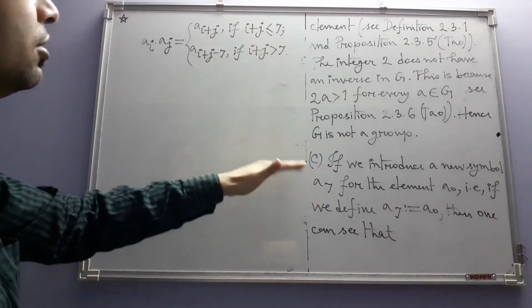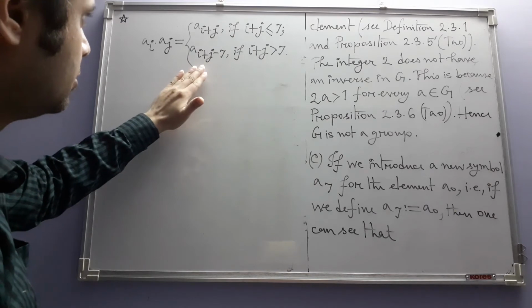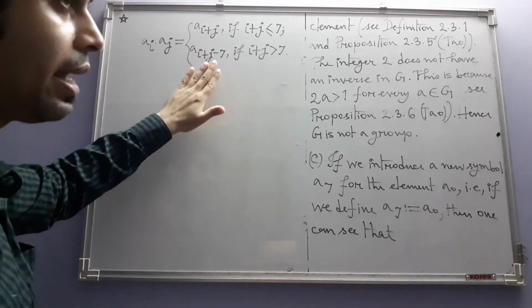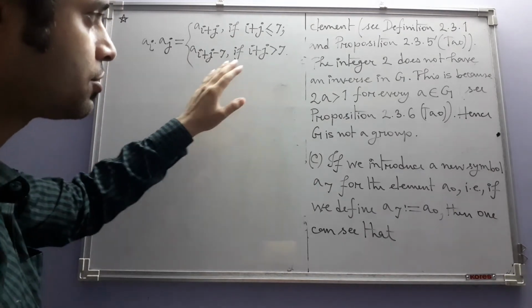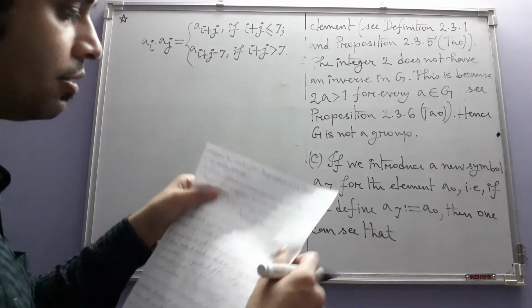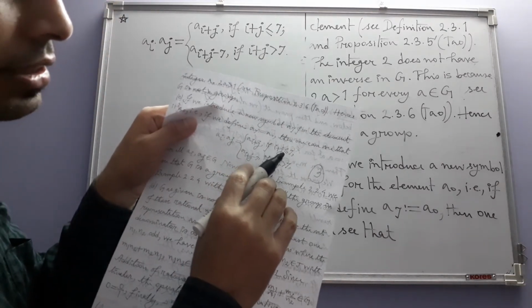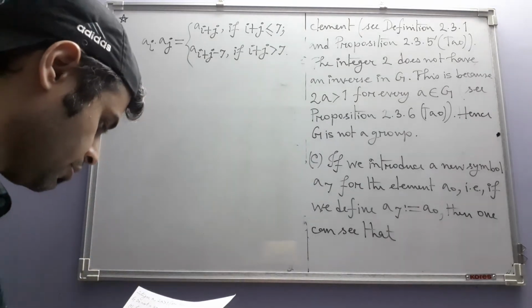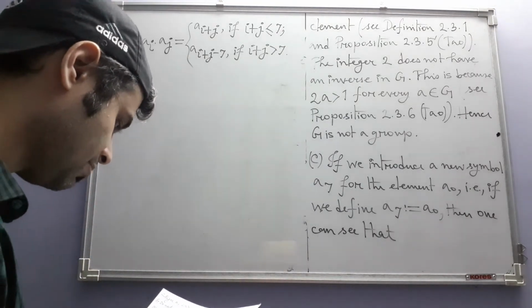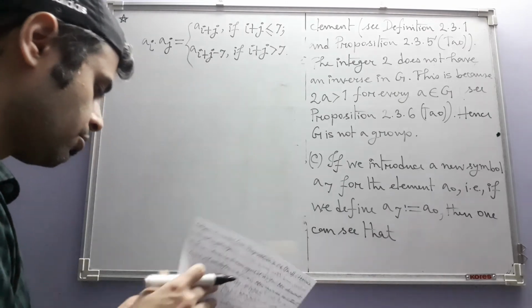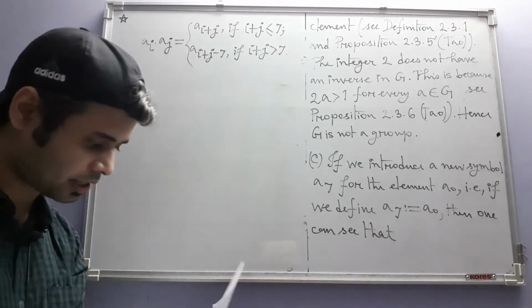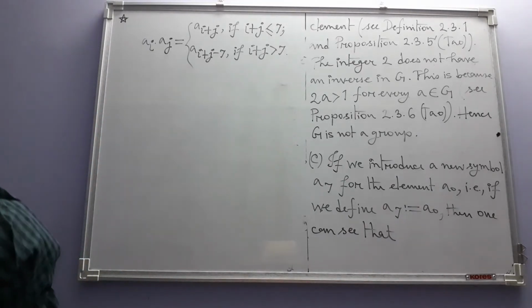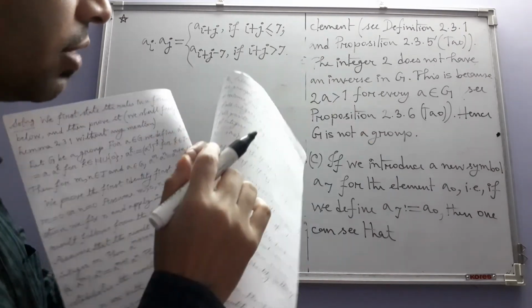I leave it to you to see that this one is actually true and it follows from the given definition. No, this is not the question, sorry, this is the question.